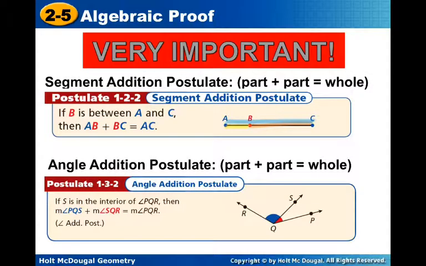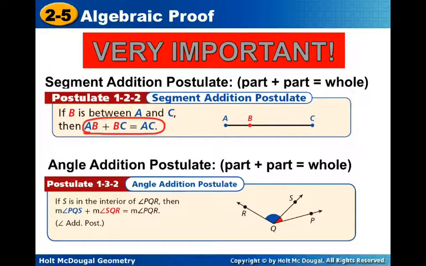So if AB was 3 and BC was 5, then the whole thing AC would be 8. We know how to apply that, but we need to know what it's called now. So it's the segment addition postulate, and it'll look something like this: AB plus BC equals AC.